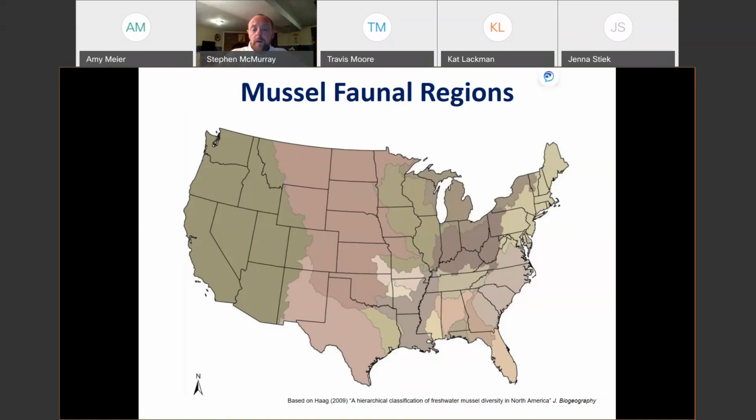Now, there are several species that are endemic to the Ozarks, and there is one species, the northern brokenray, which is actually endemic to Missouri. It only occurs in north flowing streams in the Ozarks.